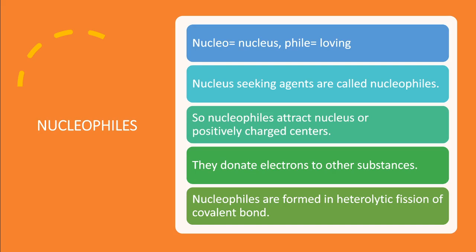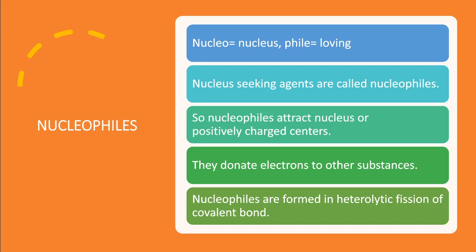So what are nucleophiles? Nucleophiles are nothing but nucleus-seeking, nucleus-loving, nucleus-liking reagents. This is the definition we can give. They generally attract a nucleus, in the sense of positively charged centers.